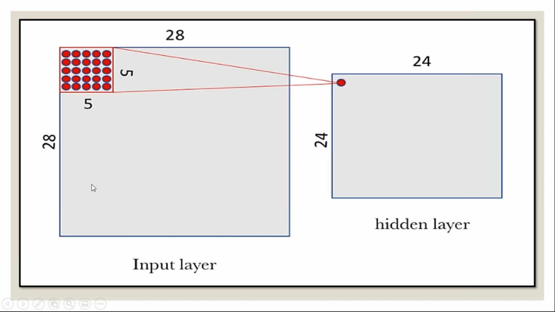Similarly, you have to apply a filter and you get a 24 cross 24 matrix. So 28 into 28 is reduced into 24 into 24 after convolution. So now the pixel size 784 is reduced into 576 after convolution.